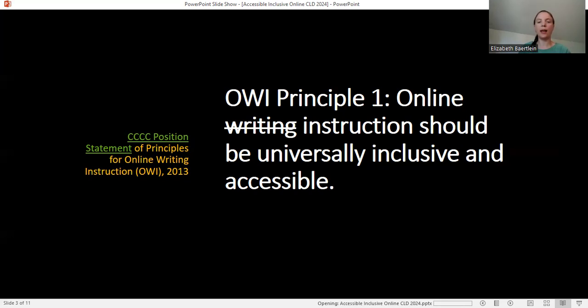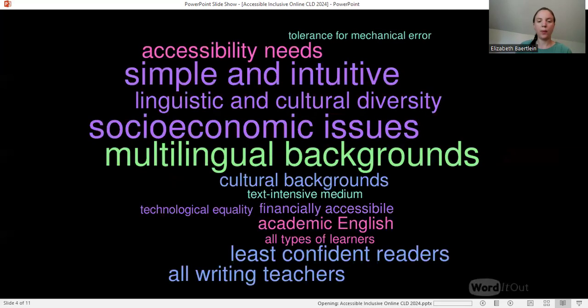So they say online instruction should be universally inclusive and accessible, which I would agree with. These are just some of the key words from their position statement. So we can think about making our online courses simple and intuitive so that the effort is spent on learning the content, engaging with the content, rather than spent on trying to figure out how to navigate a poorly designed online course.